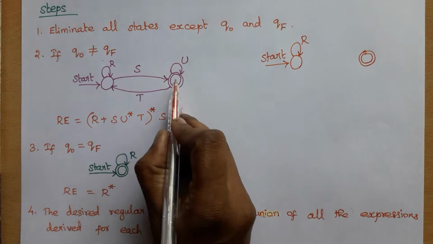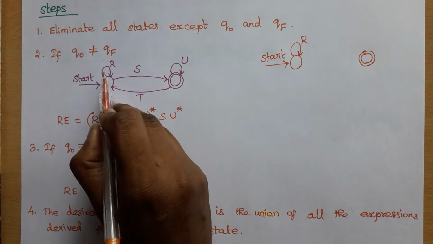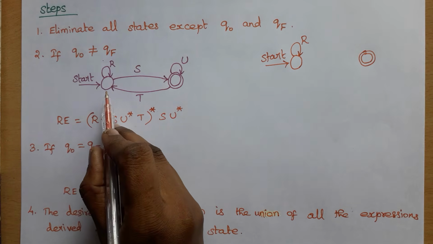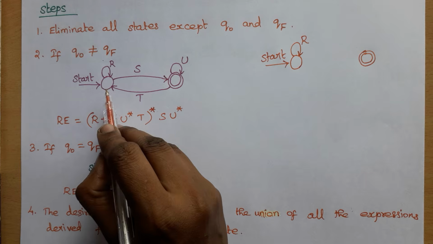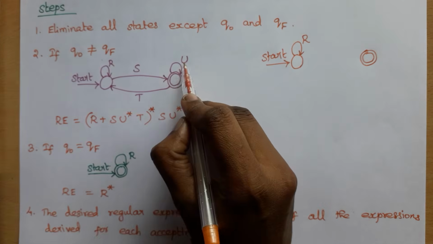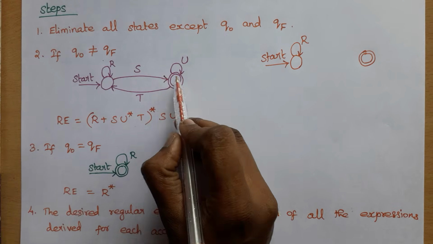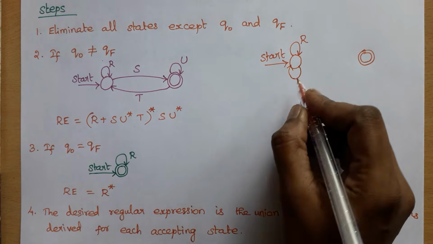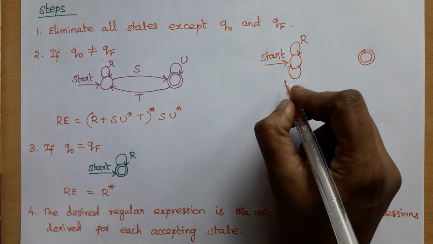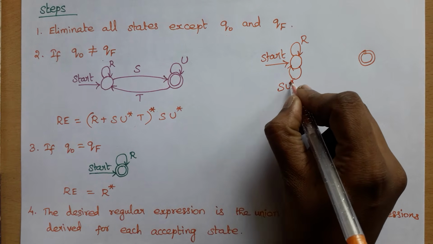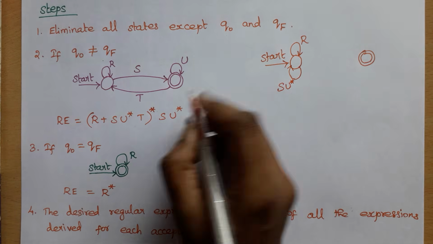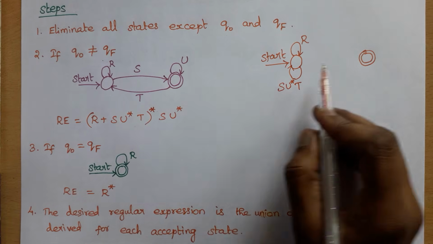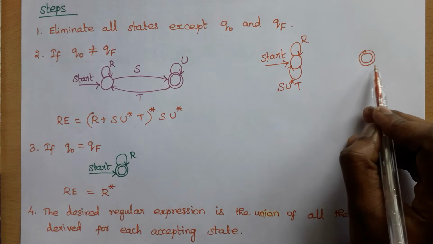Okay, so here we can consider a loop. Loop occurs in the start state has one self transition and one loop also occurs here. So we can write this loop as S U star T, right? S, any number of U, T. So another loop may occur in the start state, and it is labeled by S U star T. And here still we are not eliminating any state, so still final state exists.